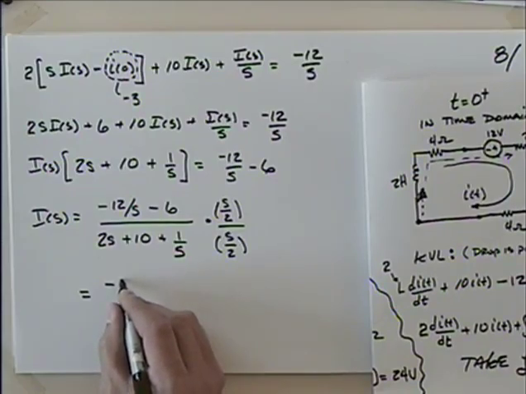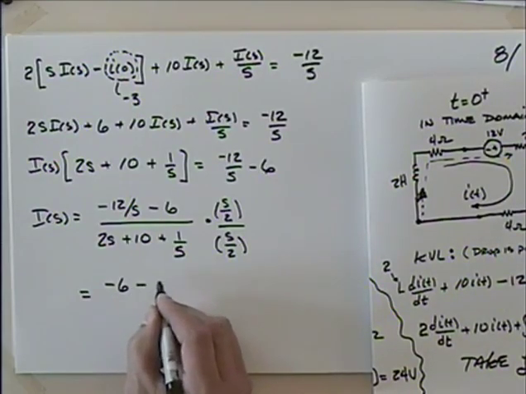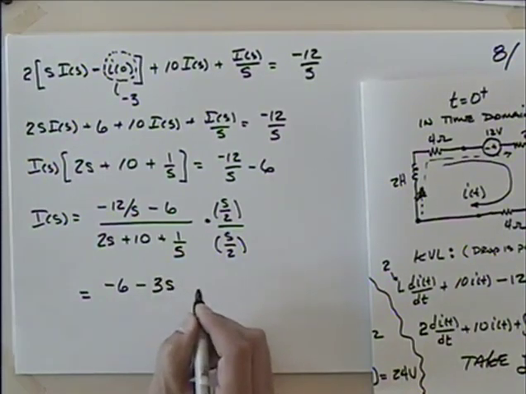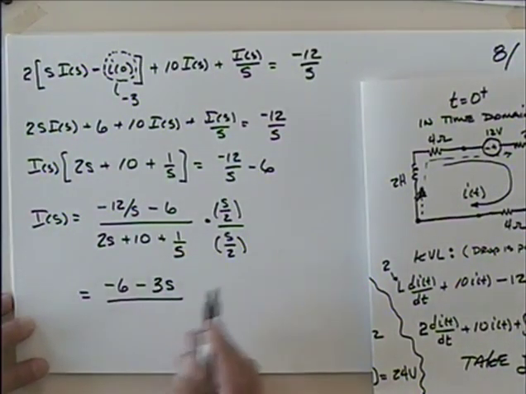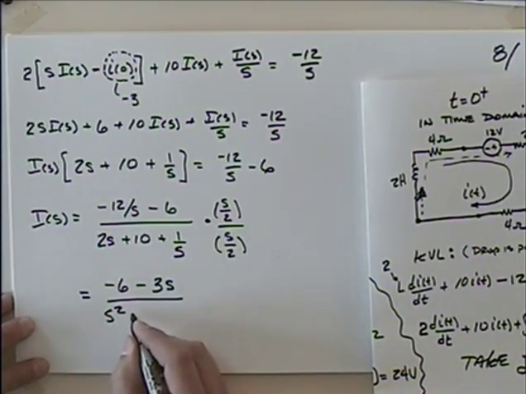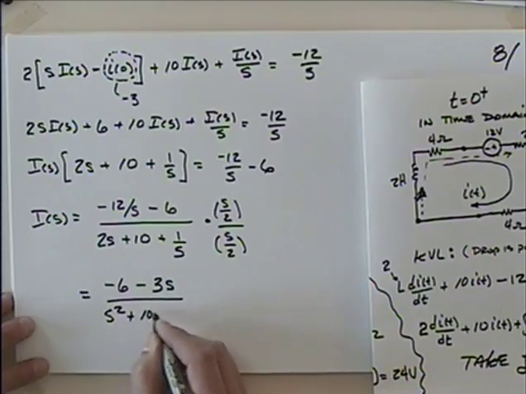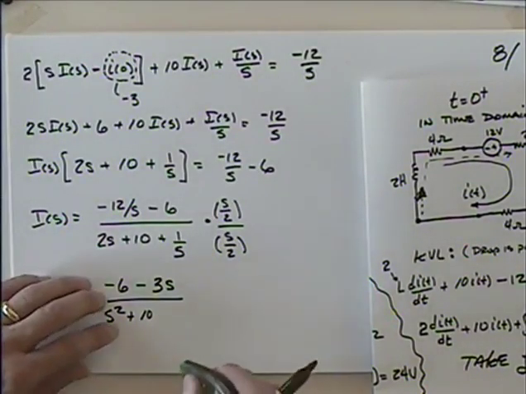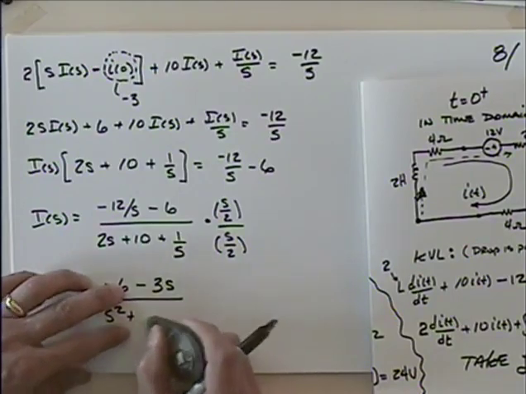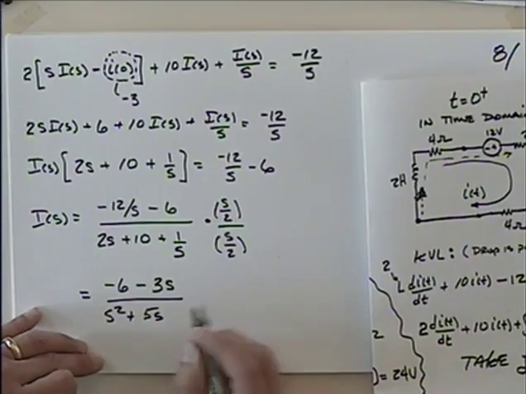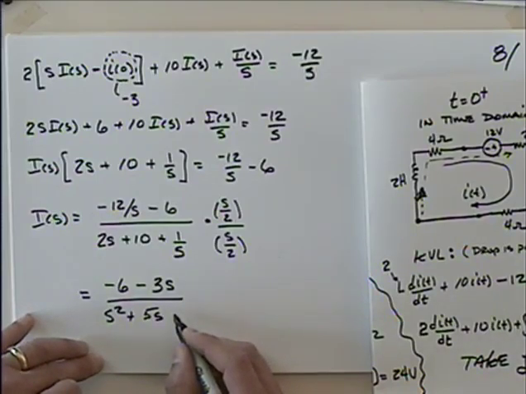So minus 6 minus a 3s. And then here I've got s squared plus 10s over 2, which is 5s, and then plus a half.